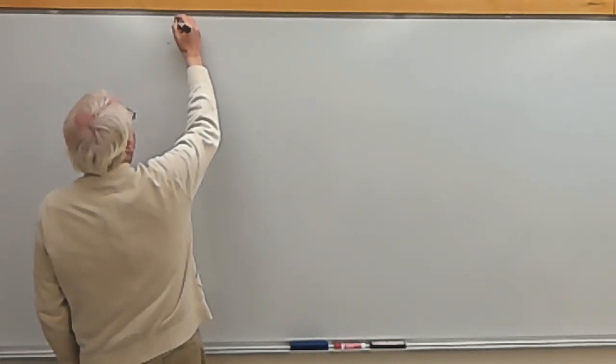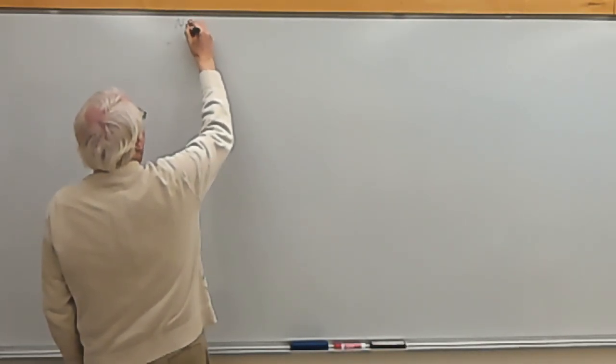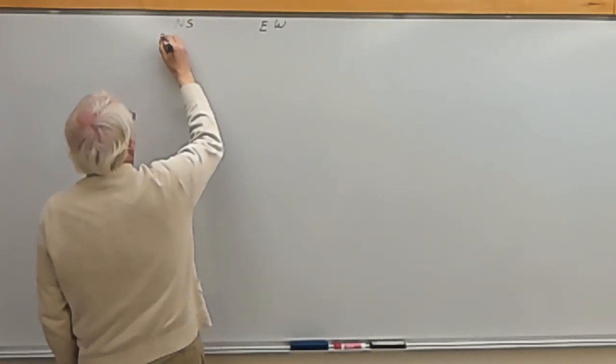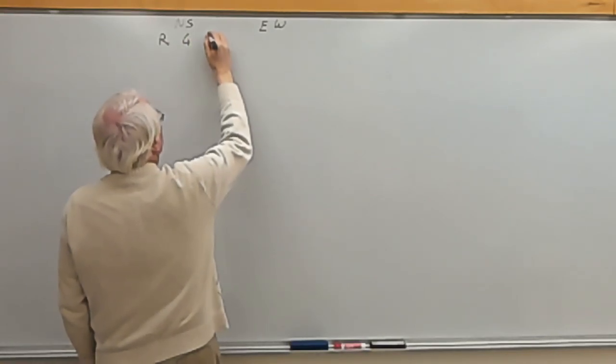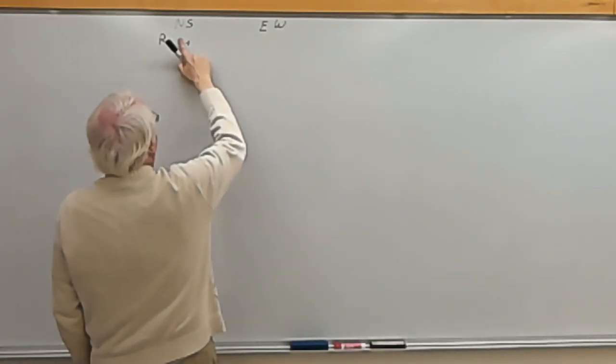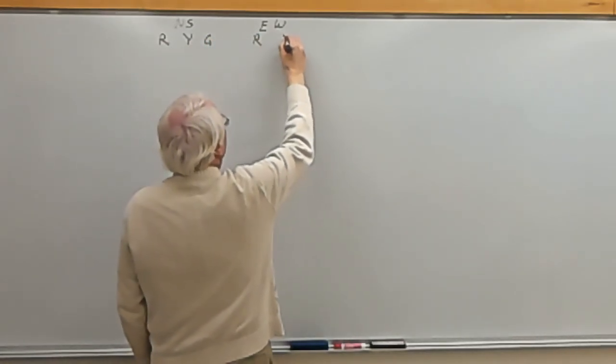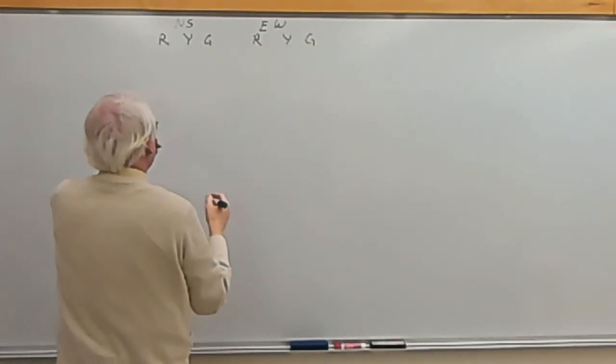We have the north-south lights, we have the east-west lights, we have a red light, a yellow light, a green light, a red light, a yellow light, a green light.